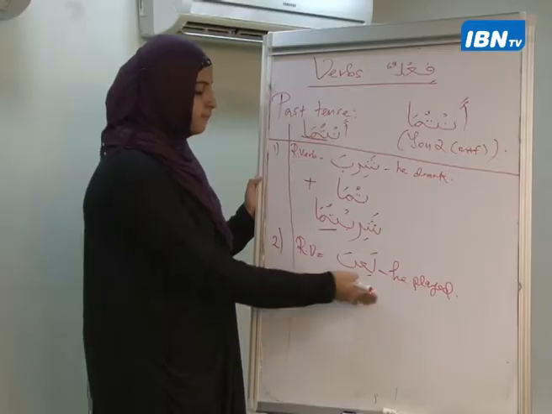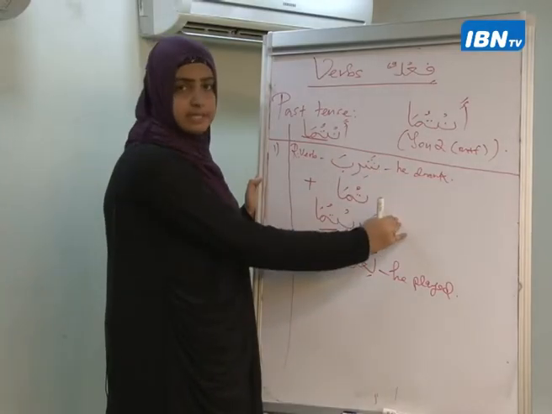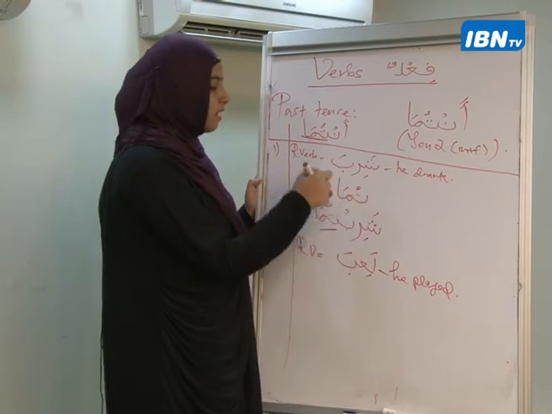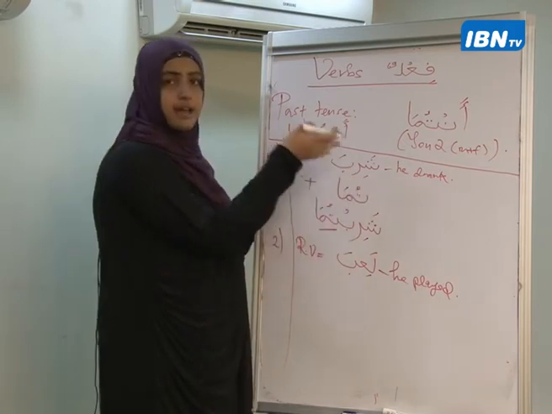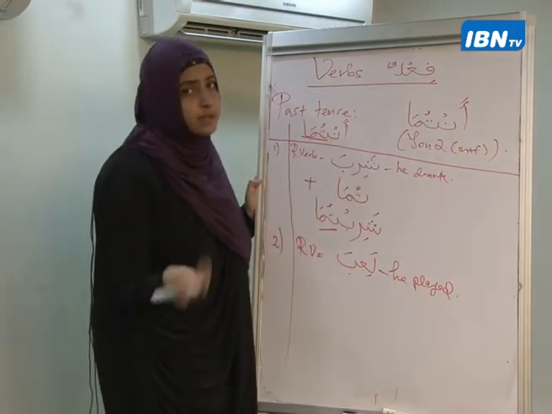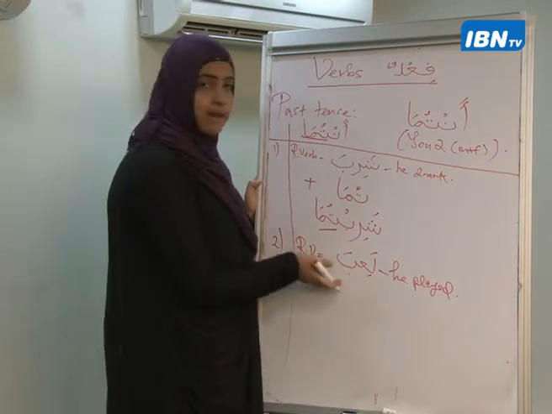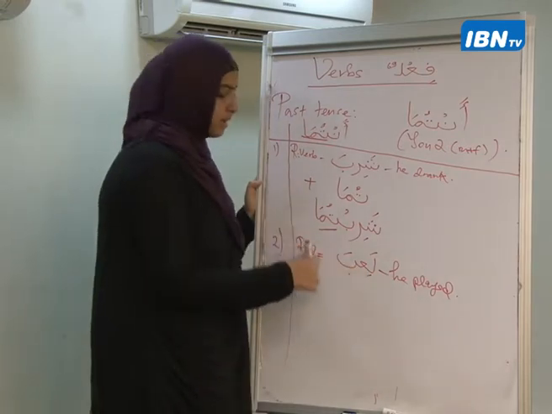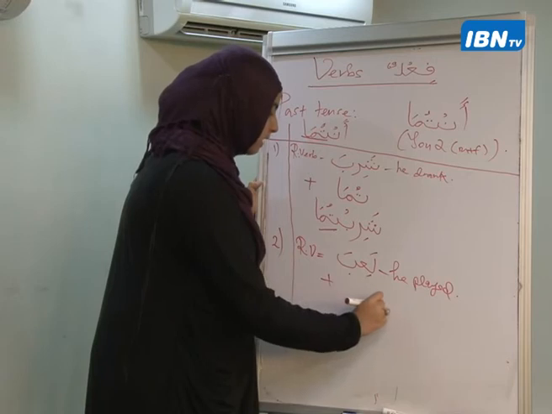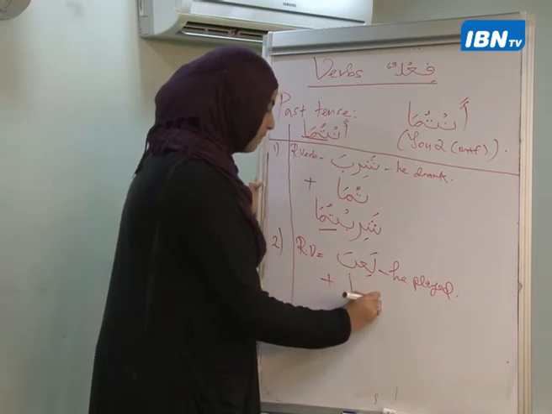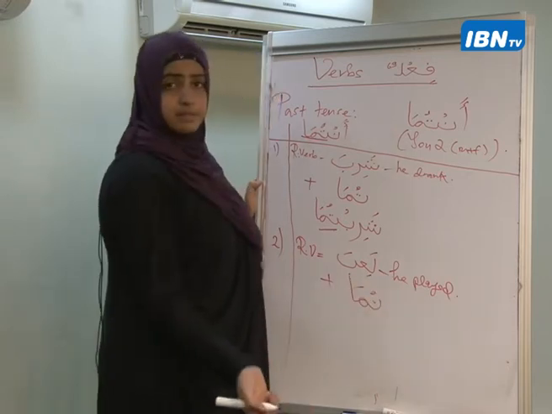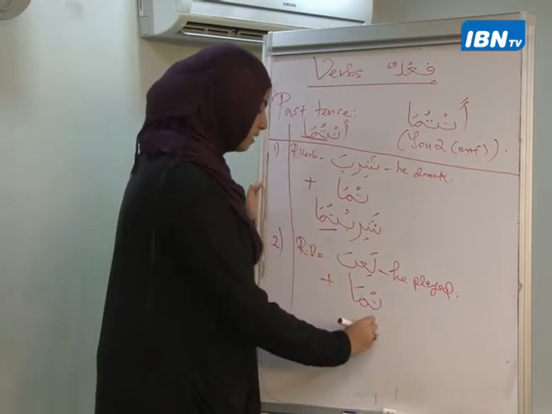So how will I say it? Obviously I will use the same steps. The first step being, I add a ta and a mim alif with a fatha on top, right? So la'iba becomes la'ibtuma.